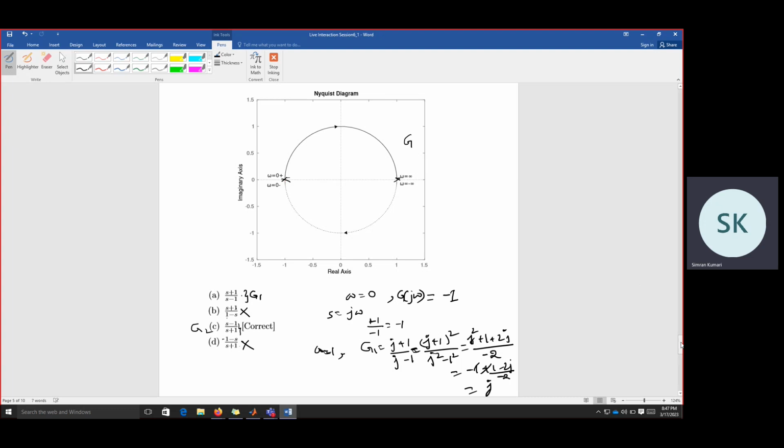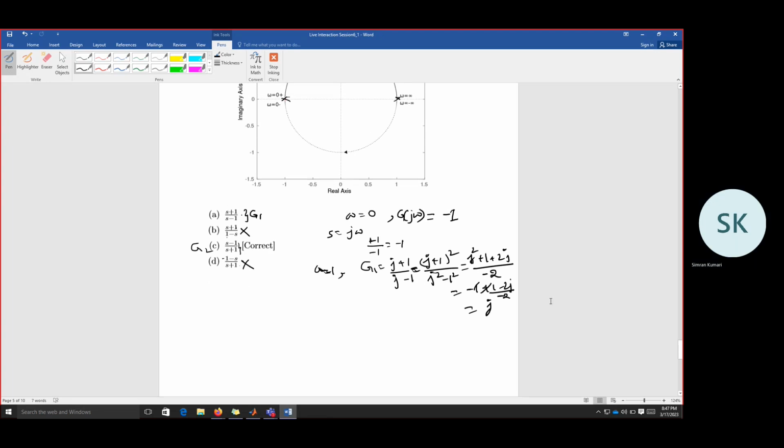So at omega equal to 1, what is the value of G of j omega? It is j. If we try to find similarly for G2 at omega equal to 1, G2 will be minus j. Or have we found something incorrect?